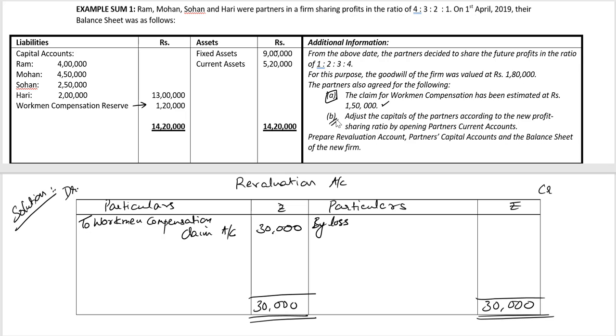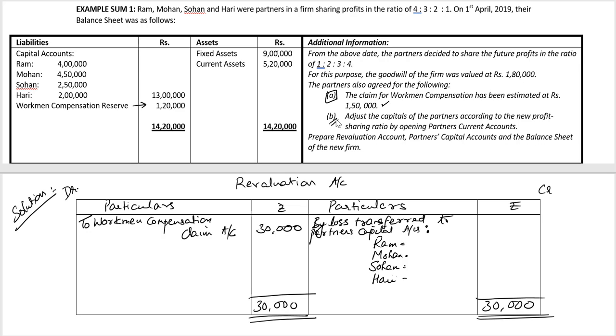By loss transferred to partners' capital accounts: Ram, Mohan, Sohan and Hari.